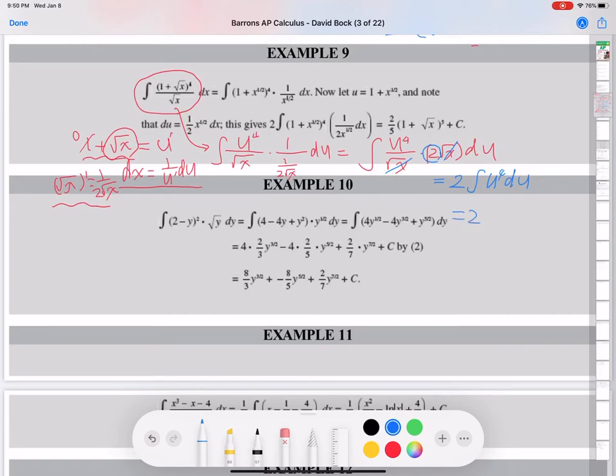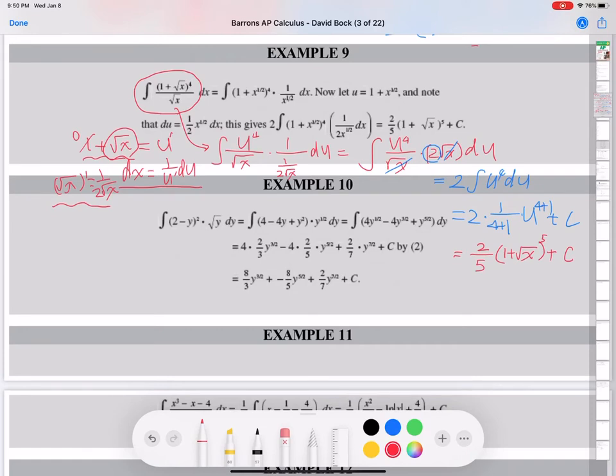So 2 times 1 over n plus 1, where n is 4 in this case, times u to the 4 plus 1, plus c. So what is the answer? 2 over 5 u to the 5th power plus c, and u was 1 plus root x. So 2 over 5 times (1 plus root x) to the 5th power. That is the final answer.